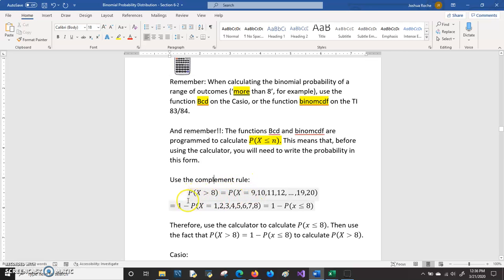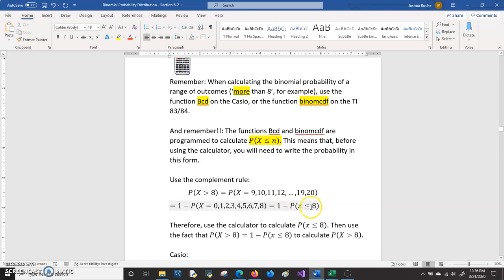This probability is equal to 1 minus its complement. And the complement of 9, 10, 11, 12, all the way to 20 are all the numbers below: 0, 1, 2, 3, 4, 5, 6, 7, 8. So we'll do 1 minus that complement. And that complement can be written as x is less than or equal to 8.